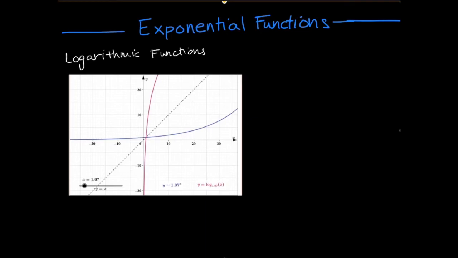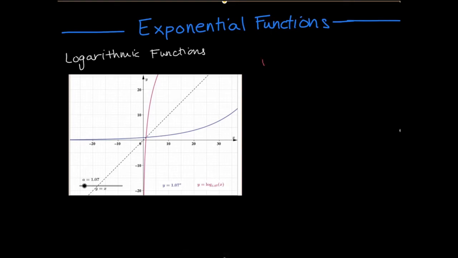So the blue one is clearly the exponential function because, again, the exponent is the variable. And we can see that the pink one is a logarithmic function. But what do we notice about them? That they are the inverse of each other because they're reflected in the line y equals x.